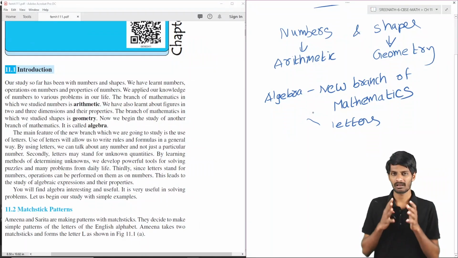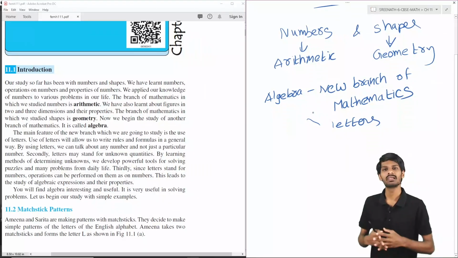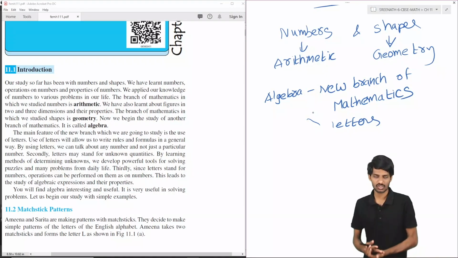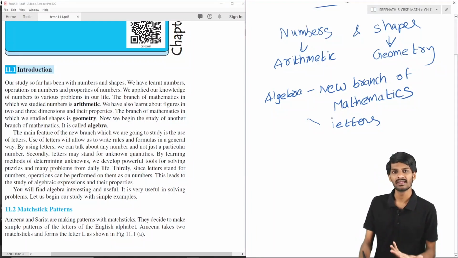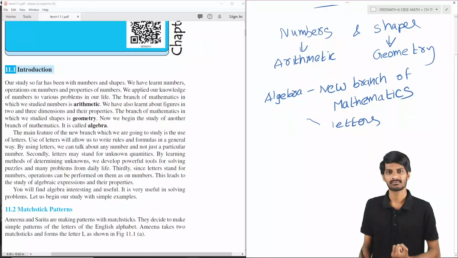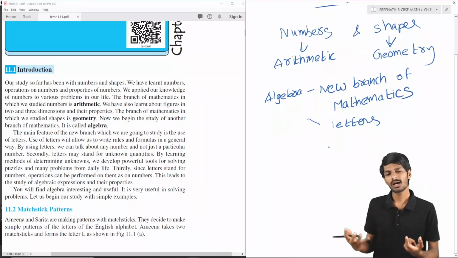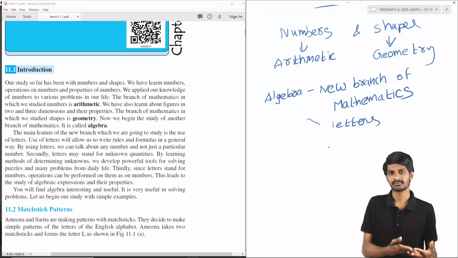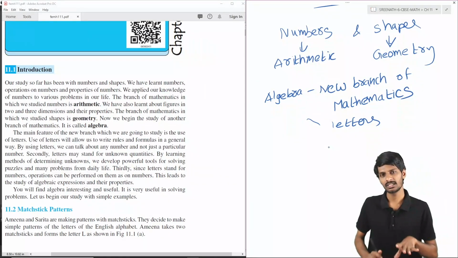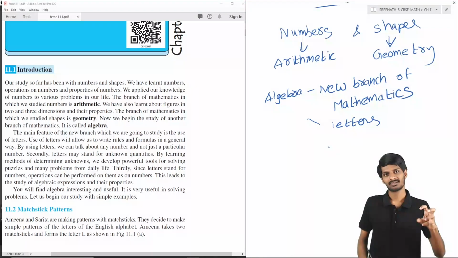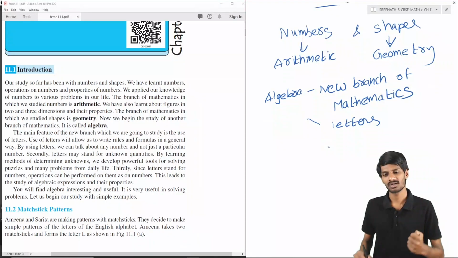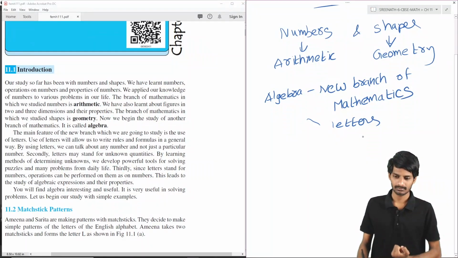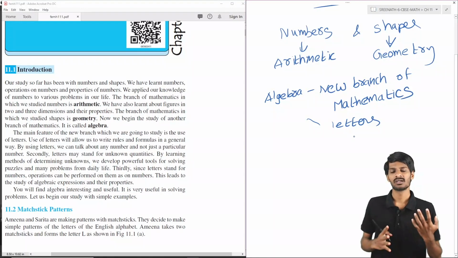Whenever you don't know the correct value, we just assume it and imagine it with some letter, so that when we know the correct value, we can replace that letter with that exact number. Until you find out that number, we will represent it with a letter so that we can do calculations easily.